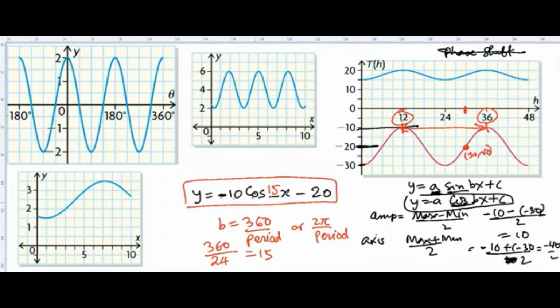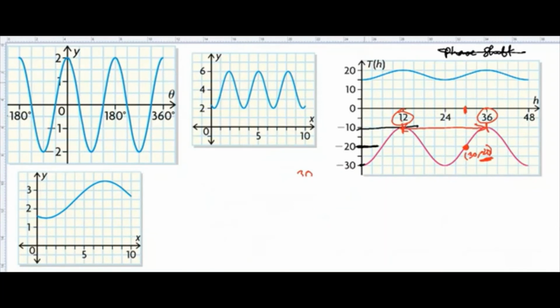Now, in this equation, in place of x, put 30, and you must get, as the whole answer, minus 20. If you get it, your answer is correct. I'm not doing that, but you can use your calculator. Put minus 10 cos 15 times 30, which will be 450, then minus 20. And then you should get minus 20. And I'm sure this equation is correct. Okay? So I'm going to the next one.